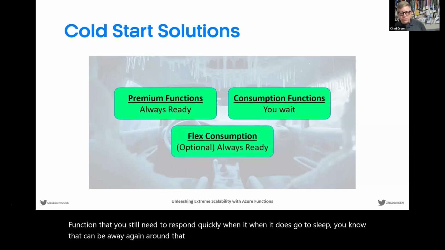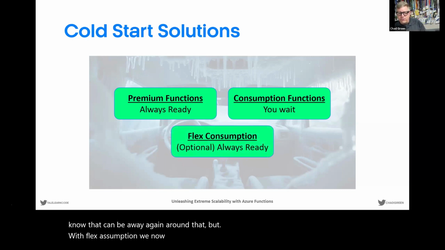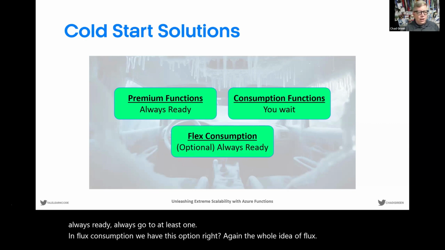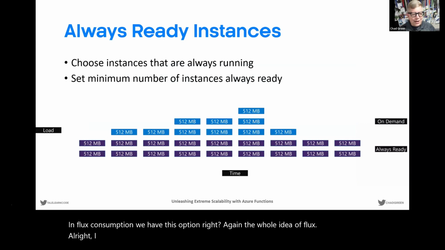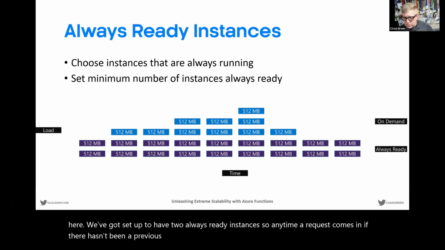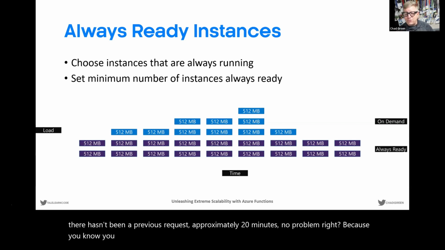But with Flex Consumption, we now have the optional always ready. In premium, you always have always ready; you always go to at least 1. In Flex Consumption, we have this option. Again, that's the whole idea of flex: I need this option. To get an idea what this looks like, in this image we've set up 2 always ready instances. So anytime a request comes in, if there hasn't been a previous request in approximately 20 minutes, no problem, because you have something that is ready to take that call.